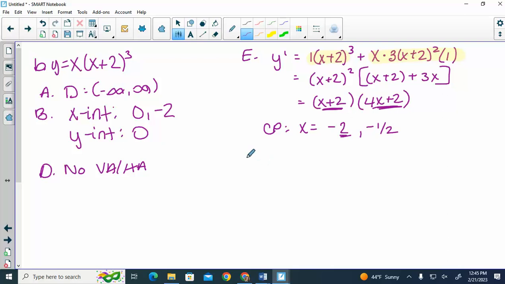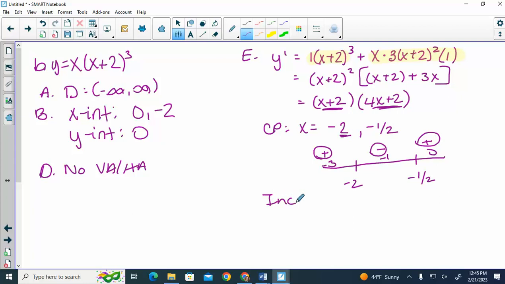So then we need increasing, decreasing. So we make our sign line. And then -3, this would be positive. -1 is negative, 0 is positive. So we're increasing.